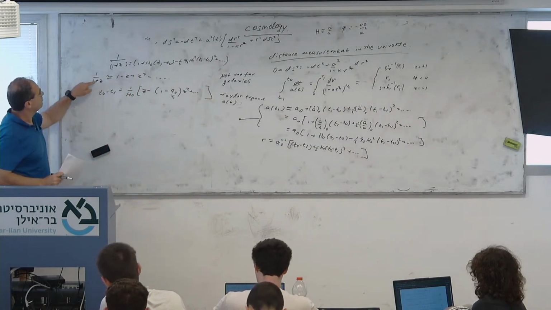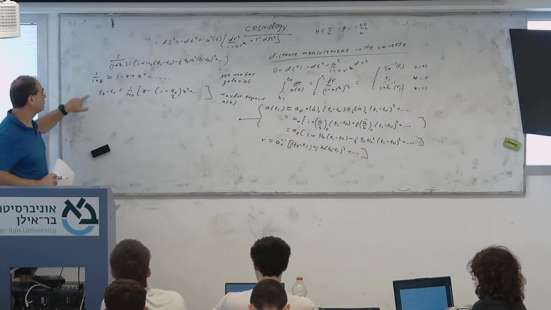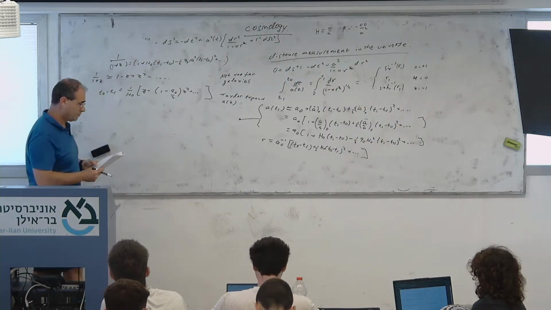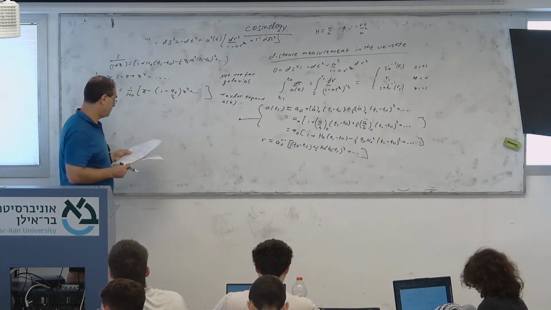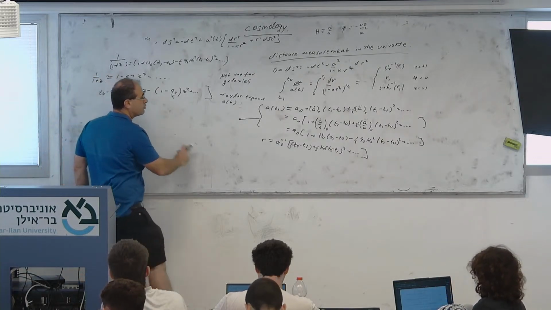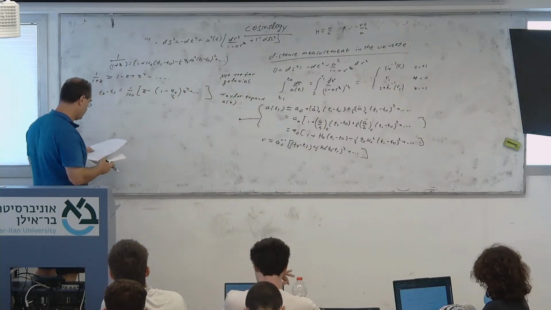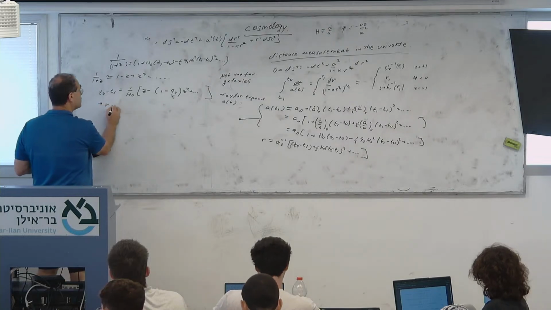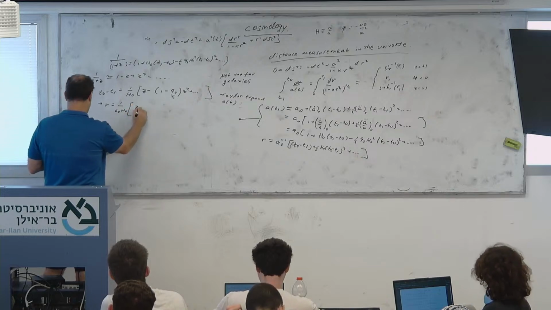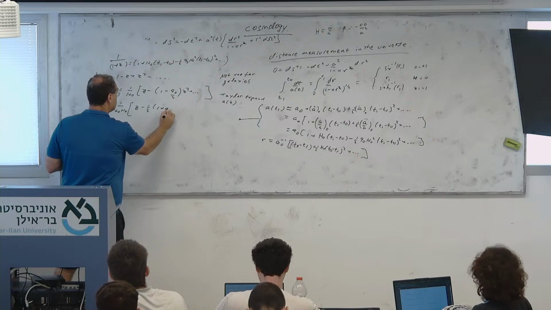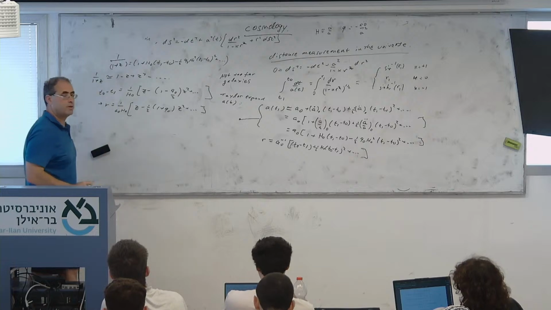This is two lines from here to here, which I assume you can do at home. If you absolutely need it, I can do it here, but I don't think you need it. And this we can take and put it in here. This is for T0 minus T1. And we get that R is equal 1 over A0 H0 times Z minus 1/2 (1 plus Q0) Z squared plus whatever Taylor expansion.